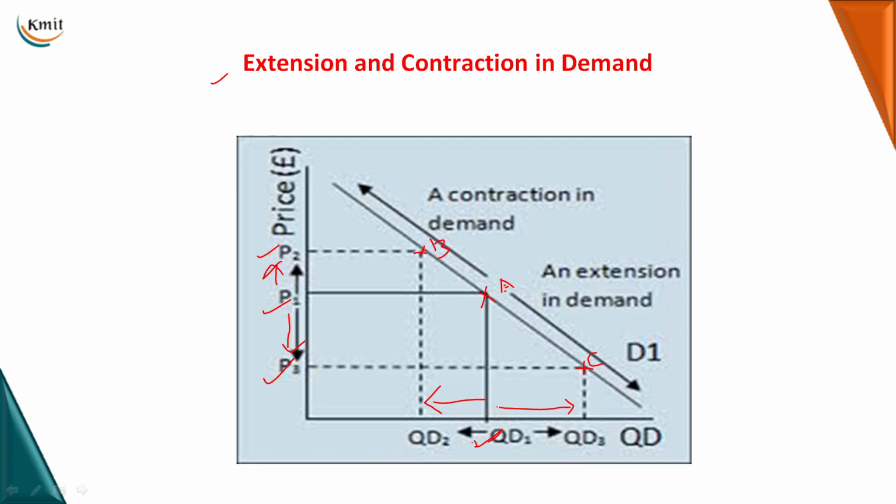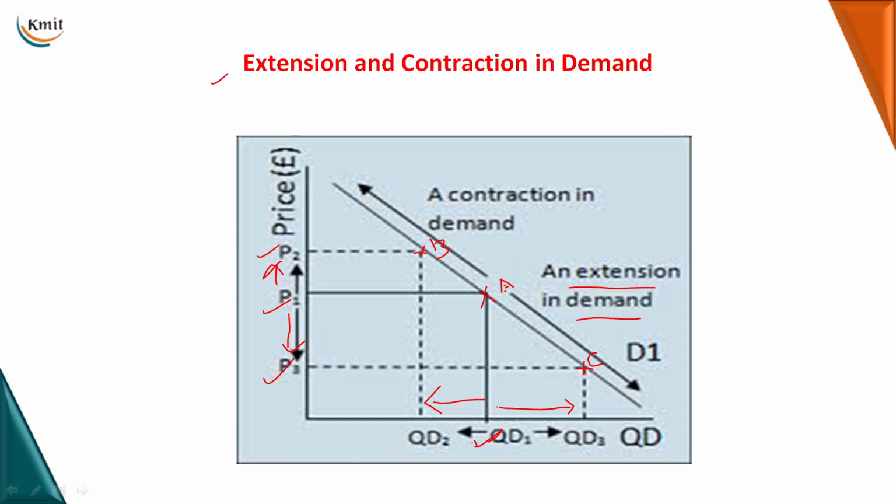So all the points of the demand are lying on the same demand curve. There is no shift in the demand curve either to the left or the right, but there is a movement along the same demand curve happening here. So when the point is moving downwards from left to right, it is an indication of extension in the demand.